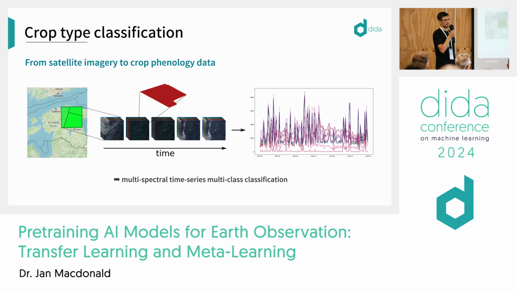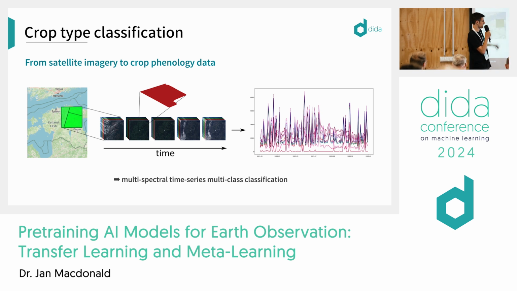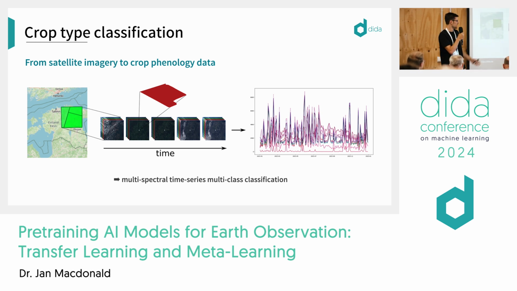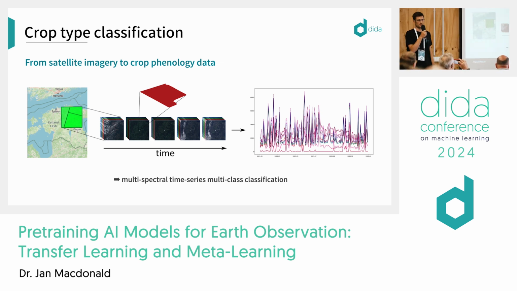Using that information, we can now extract all the different tiles that a satellite has observed during the course of one year that contain this parcel. Each of these has 13 spectral bands, so you get quite a few observations over the year of this same location.